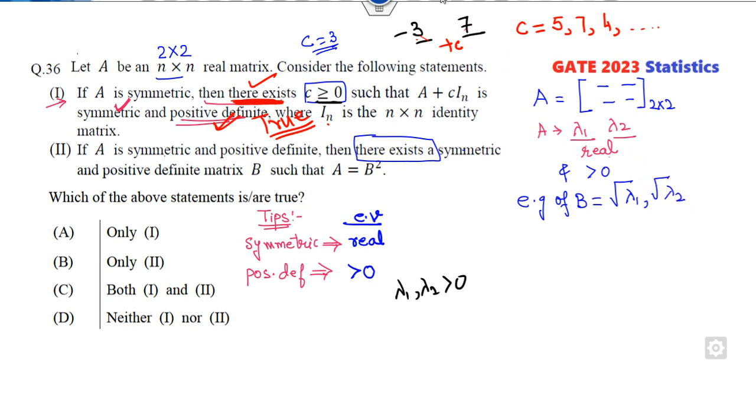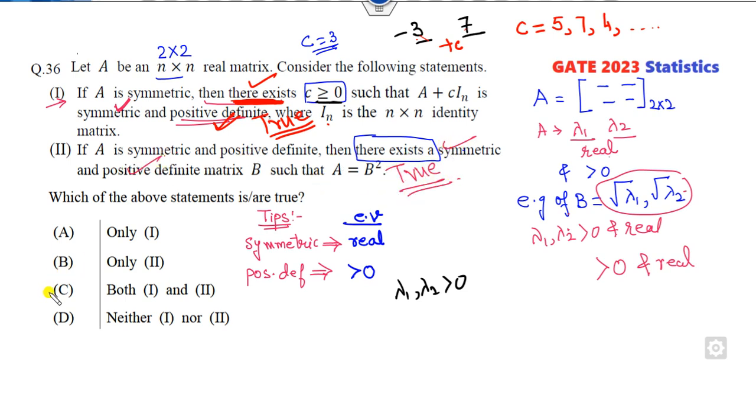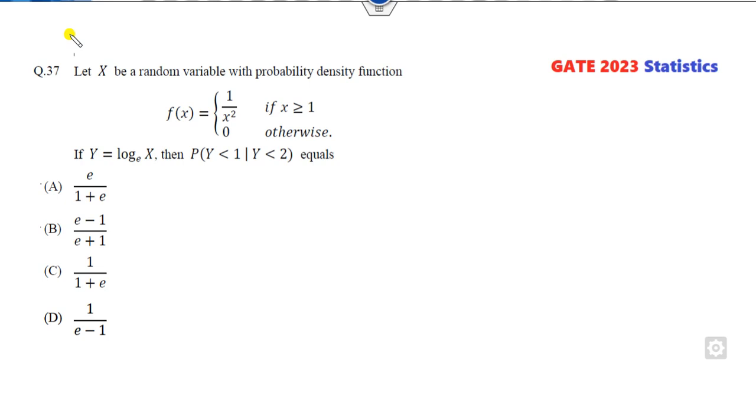Now clearly, if lambda 1 and lambda 2 are greater than 0 and real, then the square roots of them are also greater than 0 and real. So what is the meaning of that? B is a positive definite and symmetric matrix. So it is always correct. So both are correct, that is the right answer. That is a very simple logic about it.